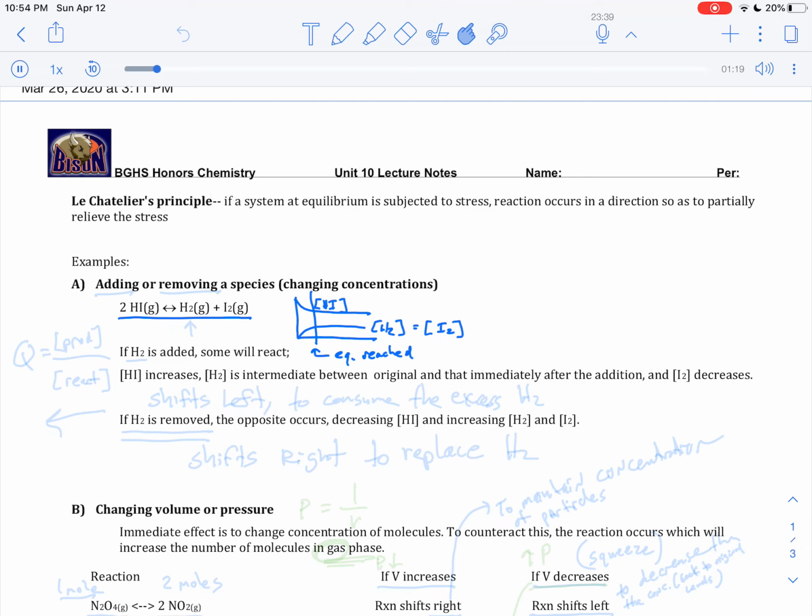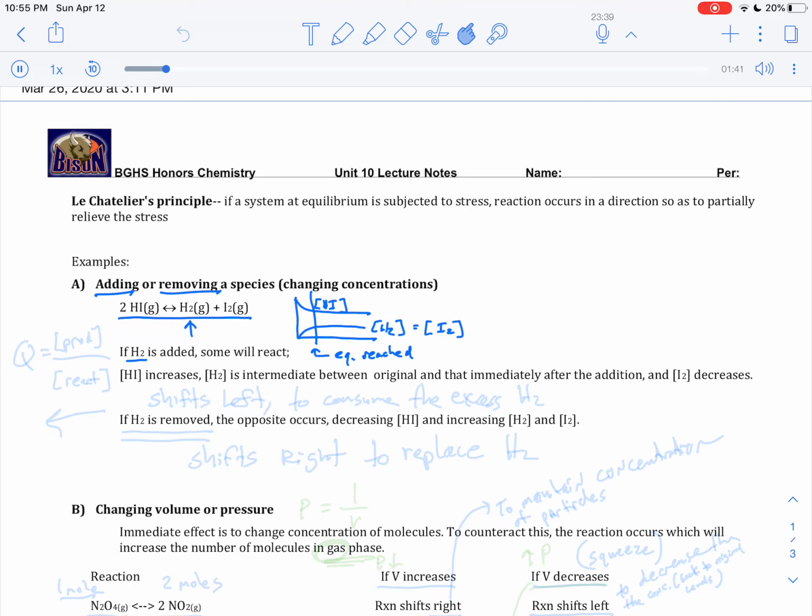The first kind of change we can impose on an equilibrium system is adding or removing a species, in other words, changing the concentrations. Let's say in this reaction hydrogen is added. If we increase the amount of hydrogen, that causes an imbalance.